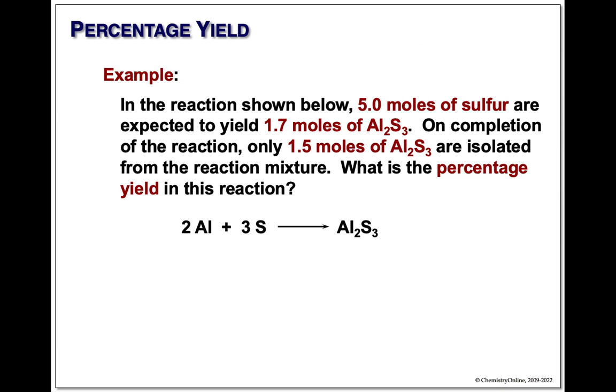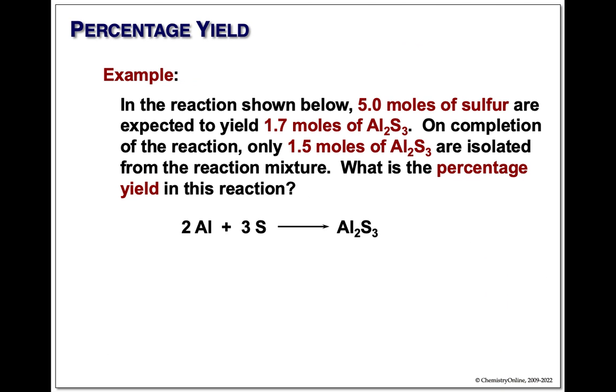Here we are doing a reaction with aluminum and sulfur, and we're making aluminum sulfide. We take 5 moles of sulfur, we do our calculation. We get a theoretical yield of 1.7 moles. We actually do the reaction.